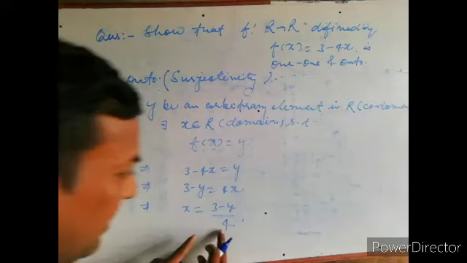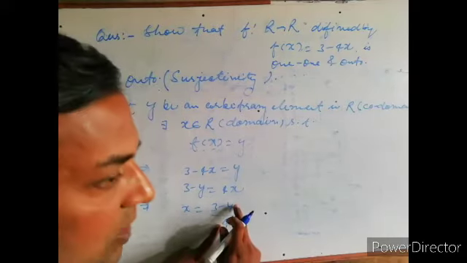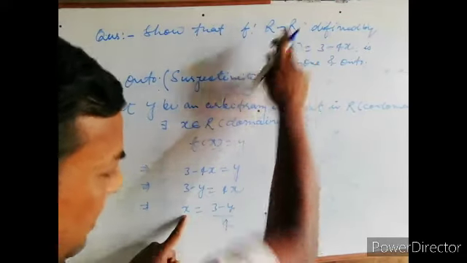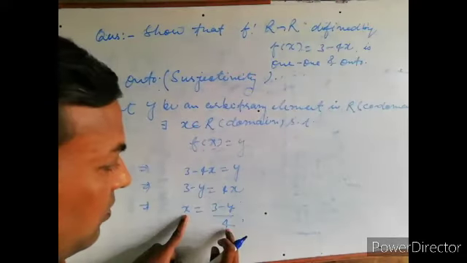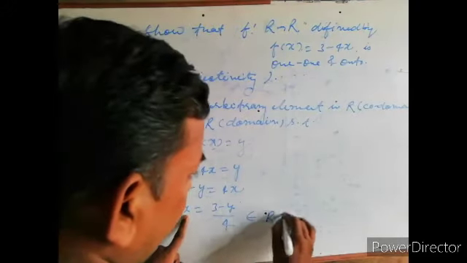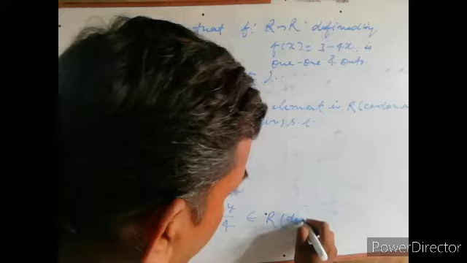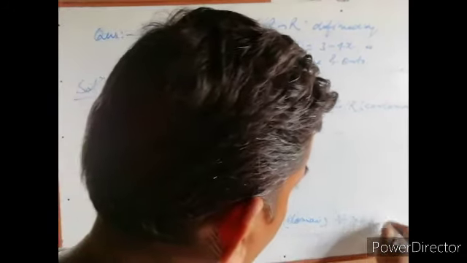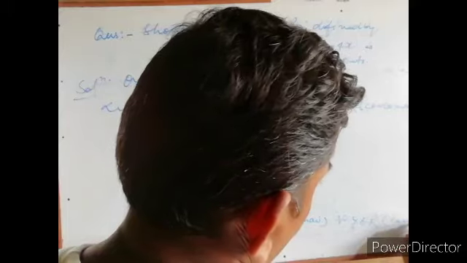Means clearly for all values of y belongs to codomain, we obtain x is equal to (3 minus y) upon 4, which belongs to R, that is domain.